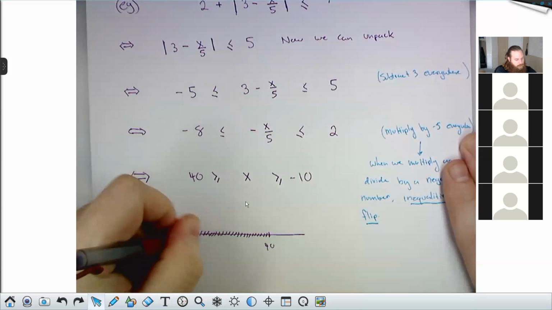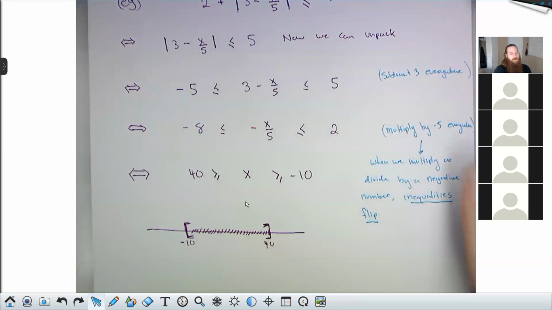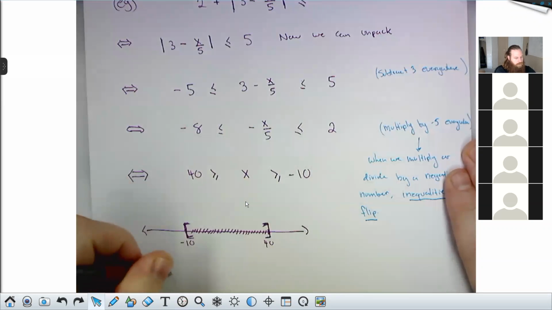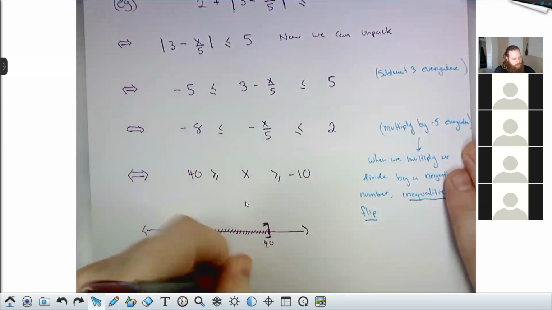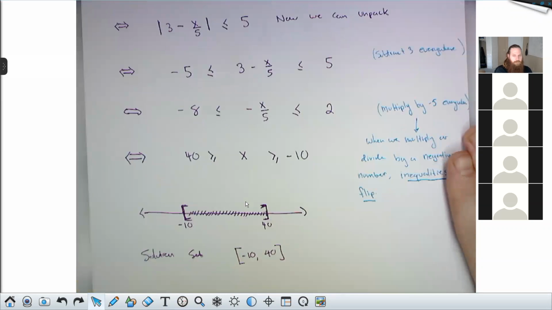And because we're using a weak inequality, the or equal to version of these inequalities, we will include the brackets here. We will include the endpoints. So my solution set here is the closed interval from -10 to 40.